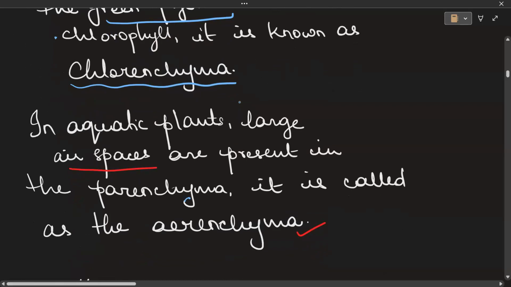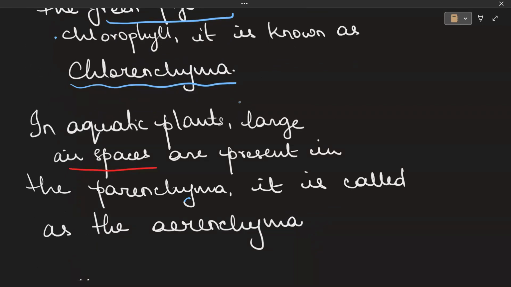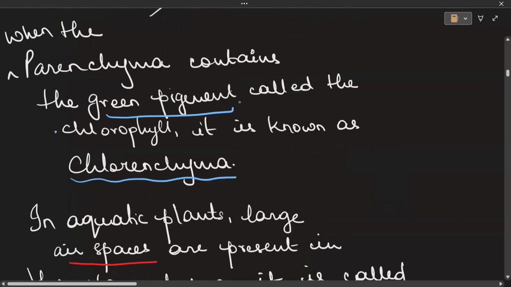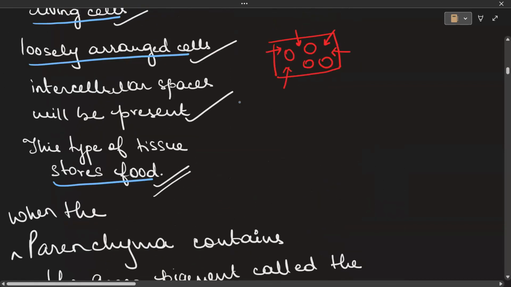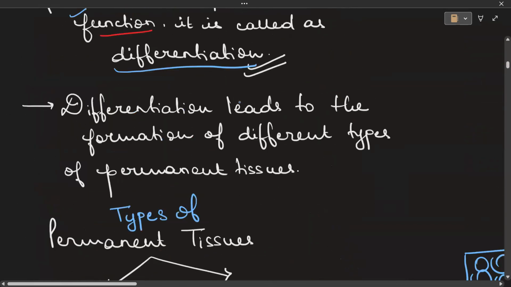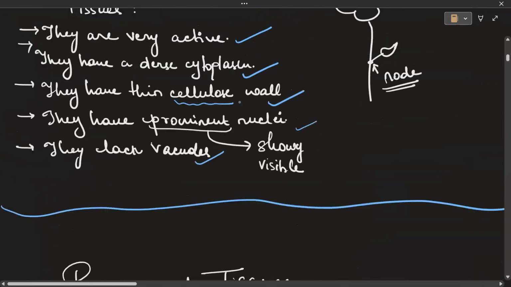Instead of the green pigment, they have air spaces, and because of that, it is known as aerenchyma. These aerenchyma and chlorenchyma are modifications of the parenchyma. Is it clear? Yes, ma'am. Very good. Now you can note it down.